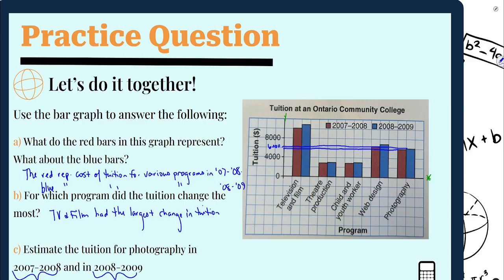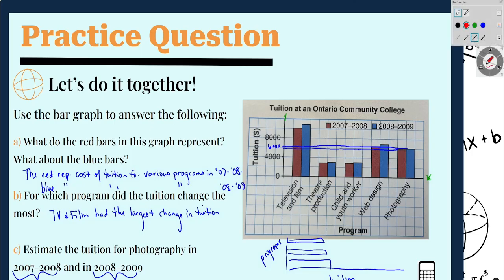A bar graph can also be done, we said vertical or horizontal, so you could have the programs on the y-axis and the tuition on your x-axis, and you could have the blue bars and the red bars, and it would show essentially the same thing.